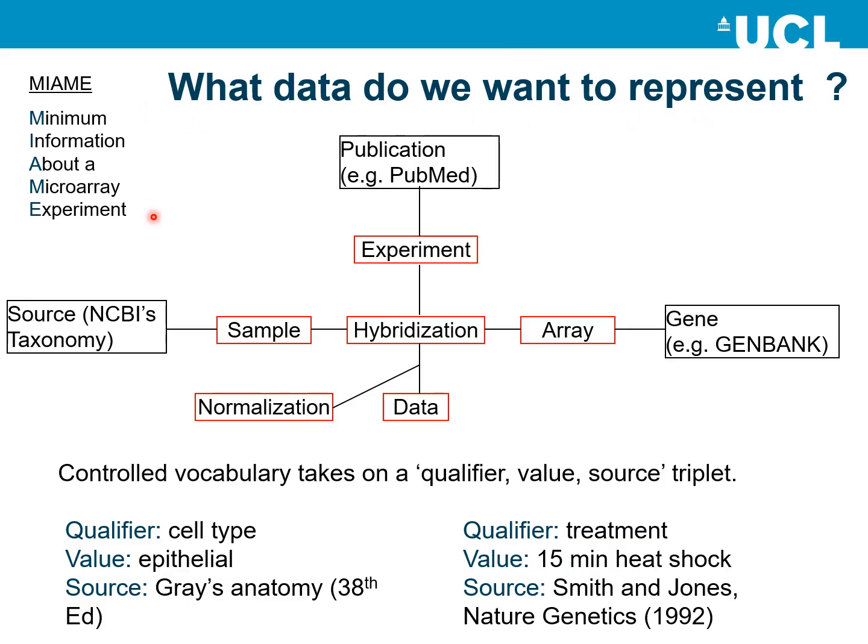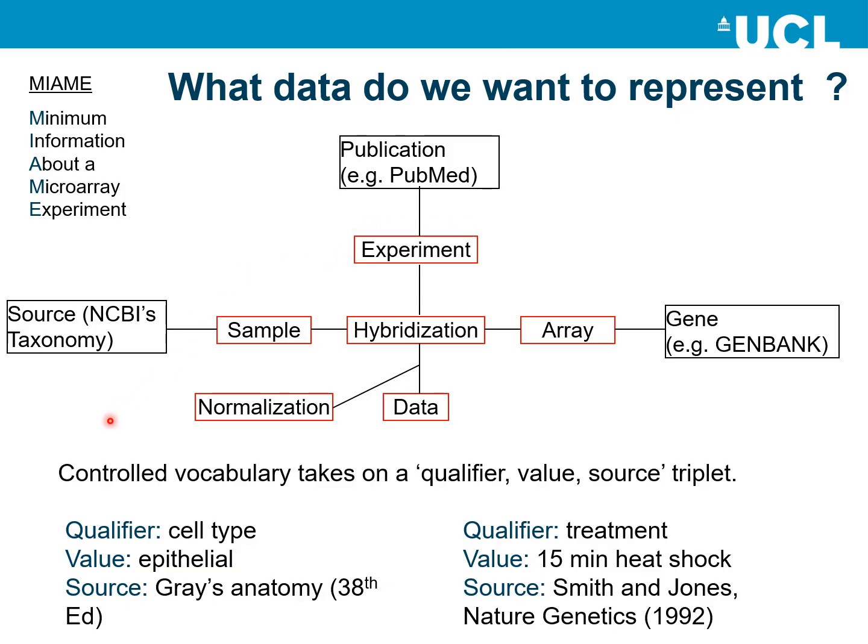The MIAME standard splits up the data into 6 broad categories. The first one is experiment. This provides a description of how the experiment was actually run in the context of the experiment. This could refer, for instance, to a publication describing the experiment. Again, we're in natural language, but it also allows more controlled descriptions of the experiment.